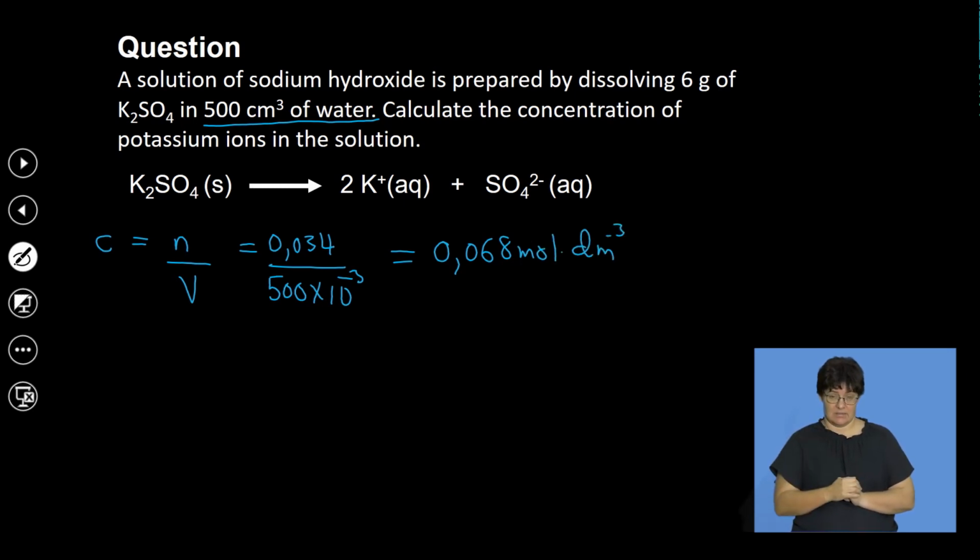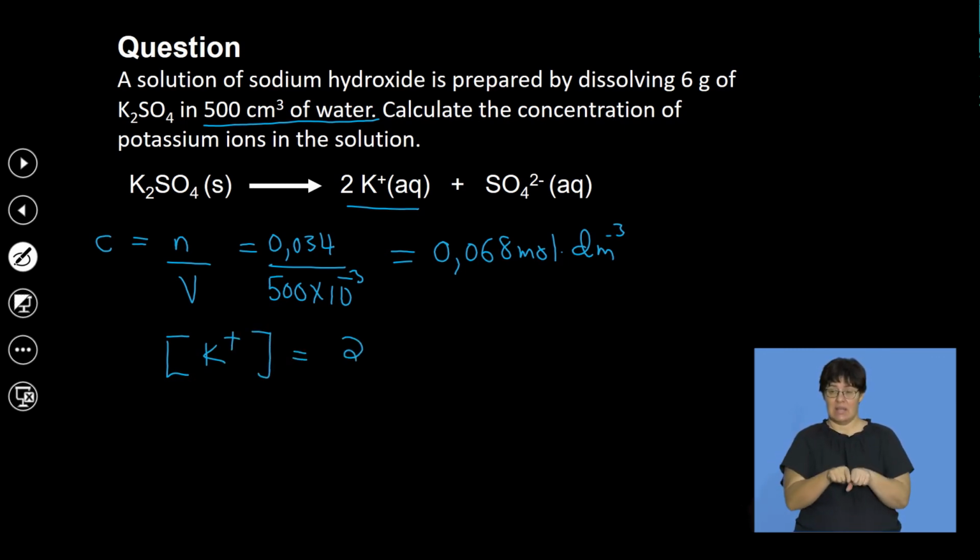So what do we have here? The ionization or the dissociation of the potassium sulfate. For every mole of potassium sulfate, the ratio is 1:2, we get 2 moles of potassium ion. So the concentration of potassium ions in this is equal to 2 multiplied by 0.068.